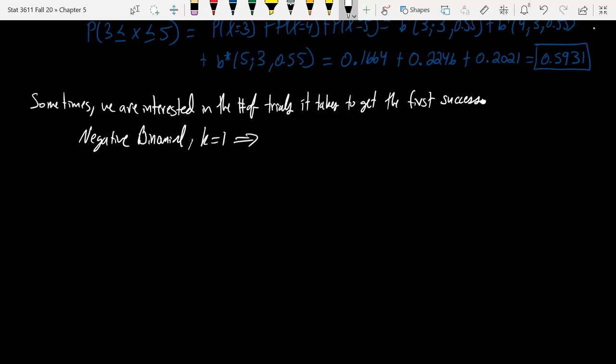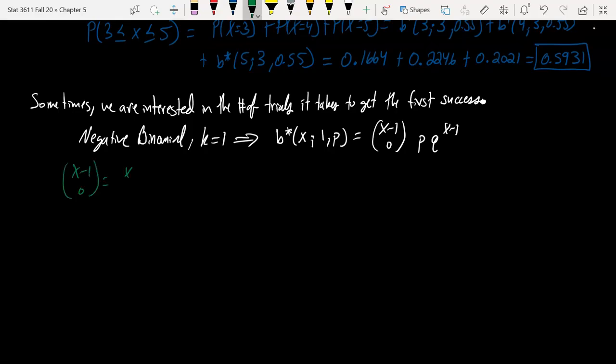And so what does our distribution look like? Our distribution takes x tries to get one success with a probability of success of p, becomes x minus 1 choose 0, p to the first, q to the x minus 1. And what is x minus 1 choose 0?